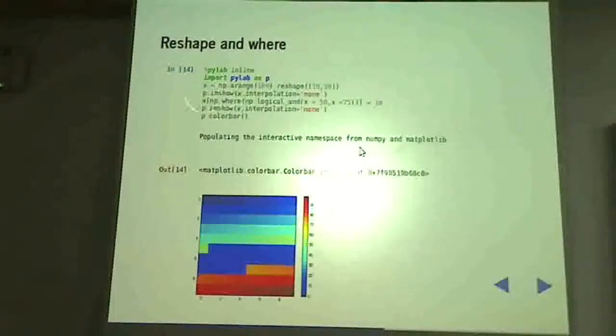So in this case I say np.where(np.logical_and(x > 50, x < 75)). So what I'm saying is find for me all the elements which satisfy this condition, where x is greater than 50 but less than 75.